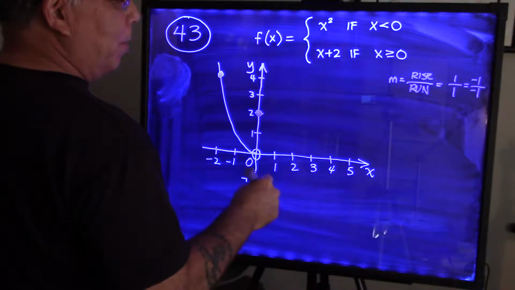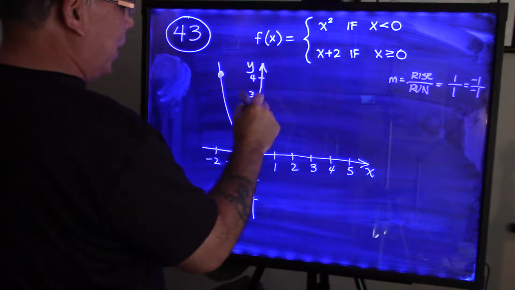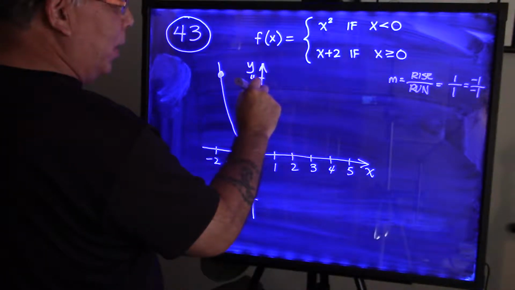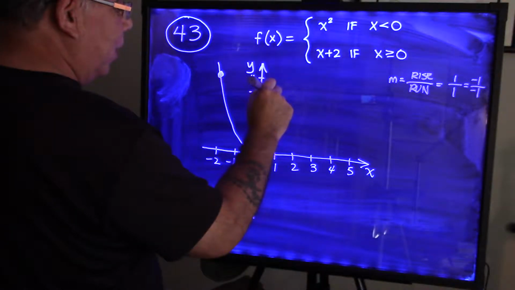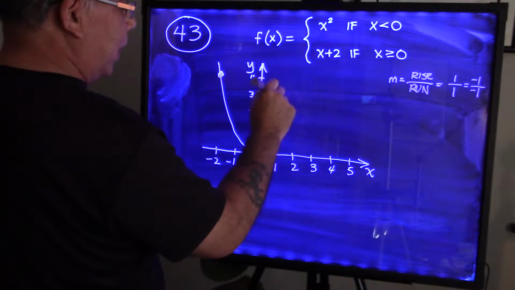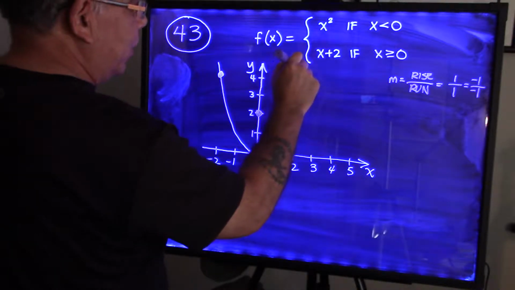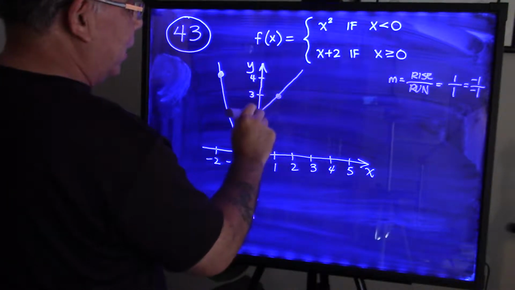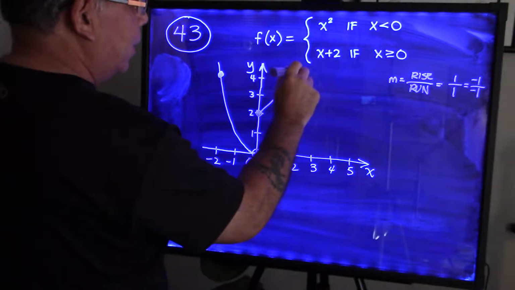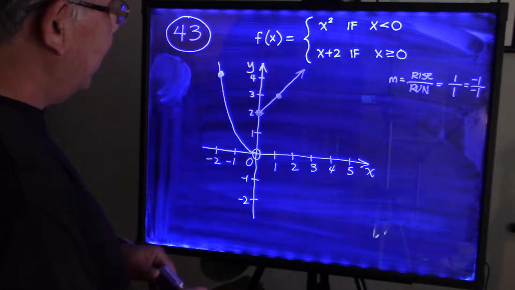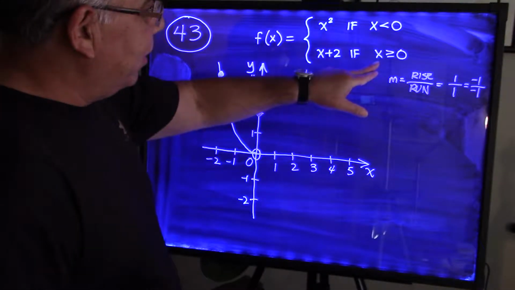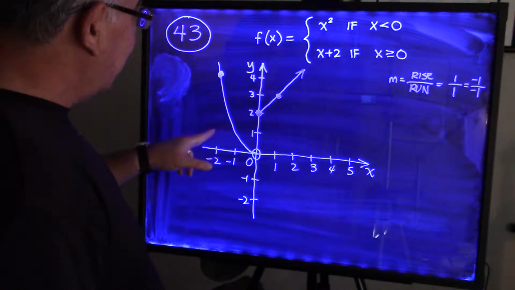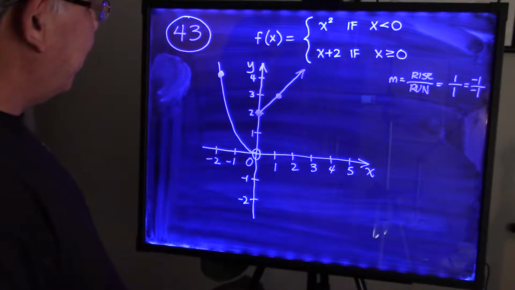Rise of 1, so you go up 1 from the y-intercept, and a run of positive 1, you go 1 unit to the right. You put another dot there and connect the dots with a straight edge. Stop right there at the y-axis. Again, this applies only if x is greater than or equal to 0, so you don't want anything filled in to the left, or if you do, erase that part.